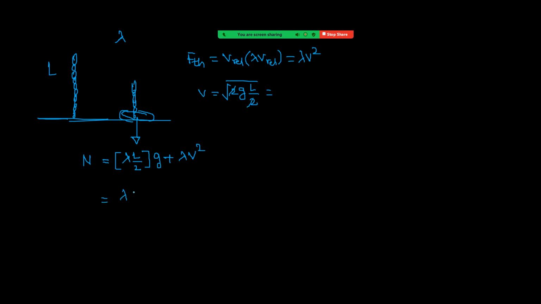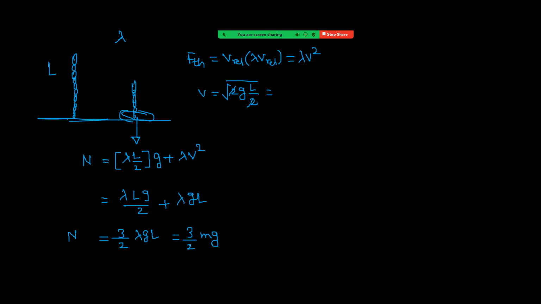So lambda L G by 2 plus lambda V square, where V square is GL. It is now 3 by 2 lambda GL. In place of lambda L, we can write mass, so 3 by 2 mg.